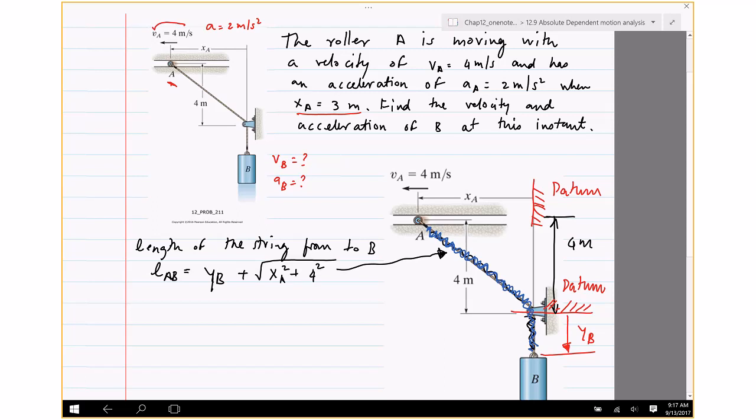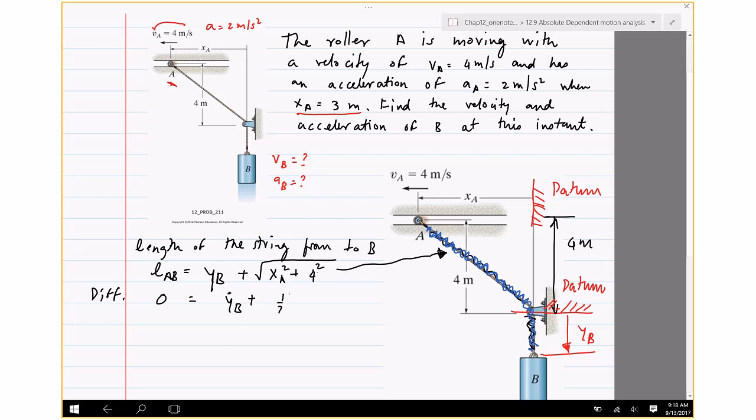So differentiate, we have the derivative of length AB is 0 because it's an inextensible string. Then I have YB dot plus, okay, the derivative of something under the square root sign is 1 over 2 square root of XA squared plus 16, since 4 squared is 16.